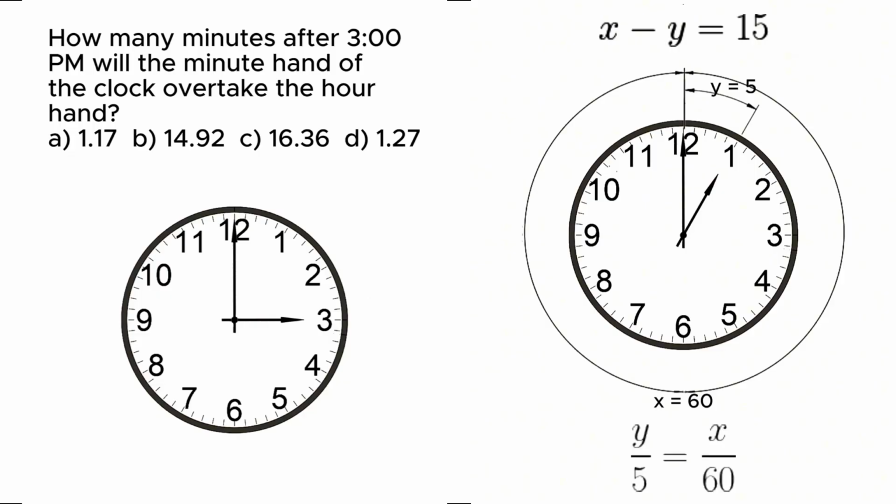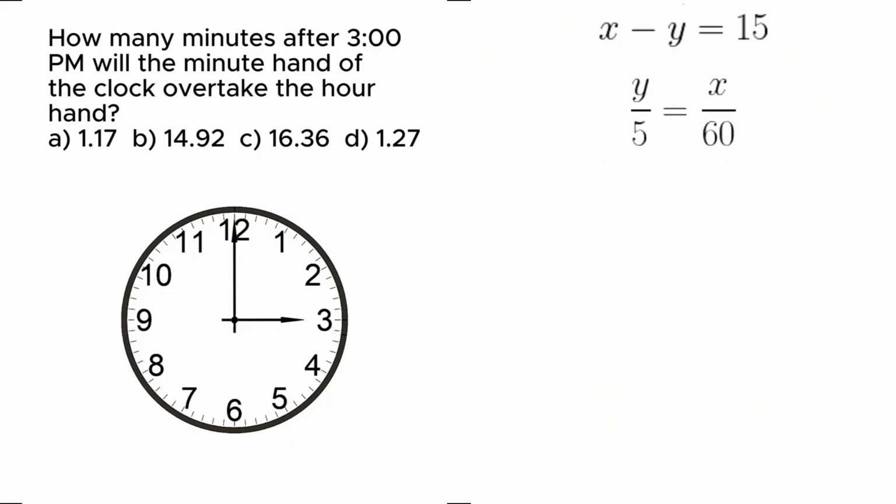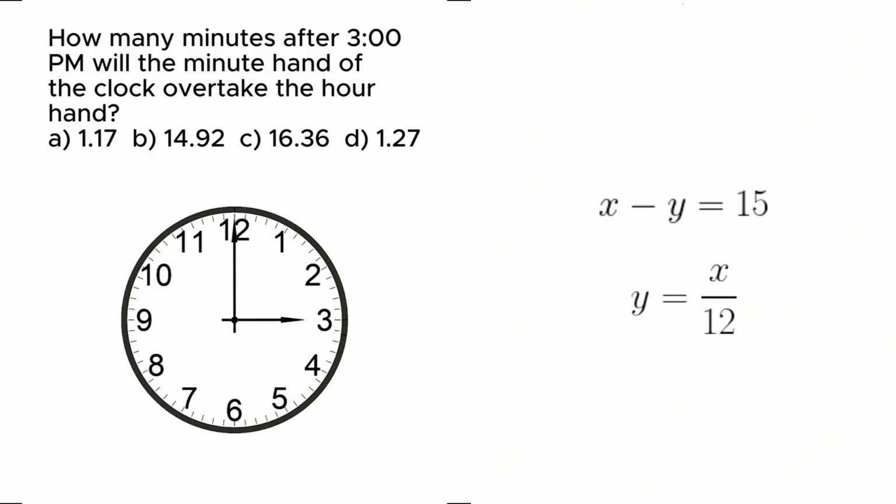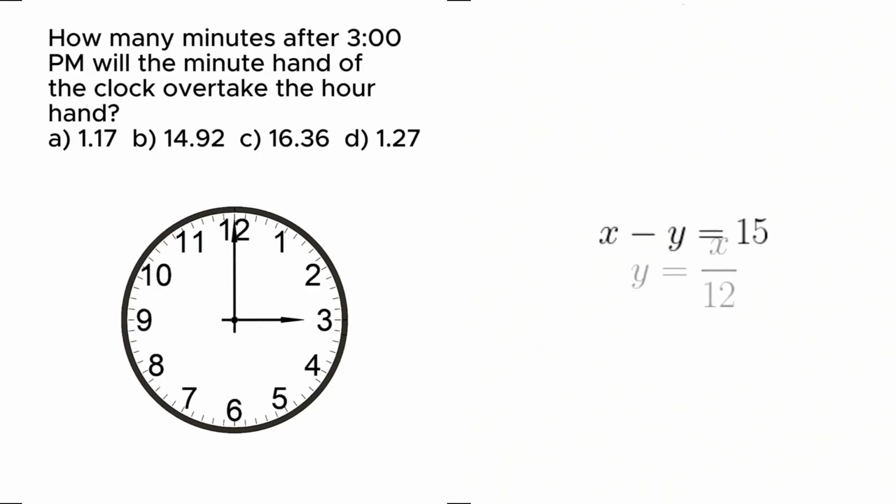Using ratio and proportion, we get y is to 5 as x is to 60. Multiplying both sides of the equation by 5, we get y equals 5x over 60, which simplifies to y equals x over 12. Now, we substitute this into our first equation.